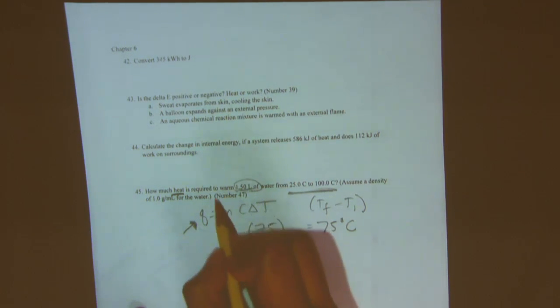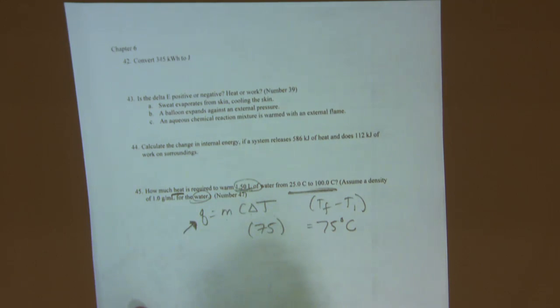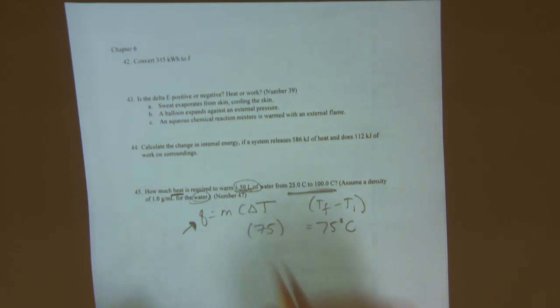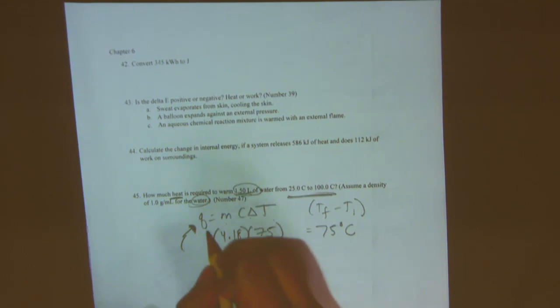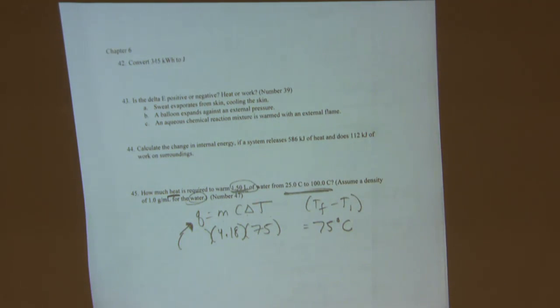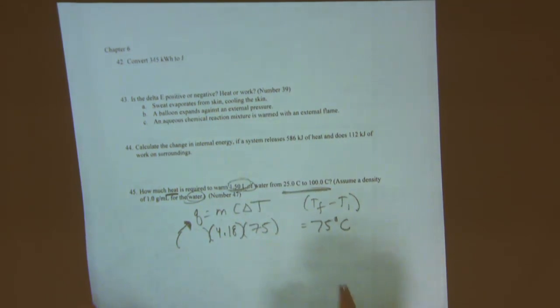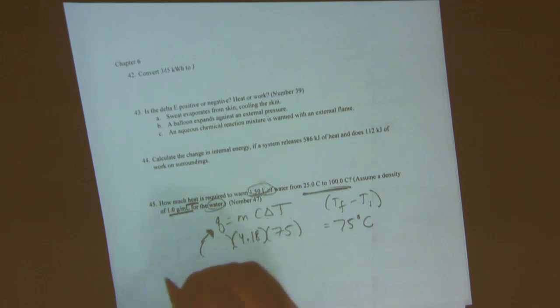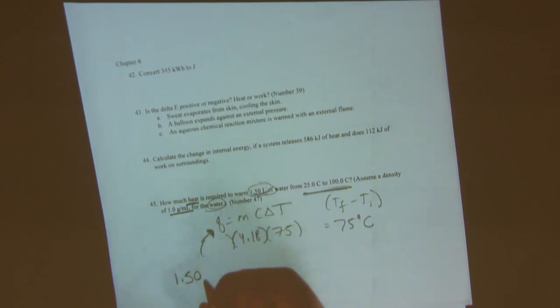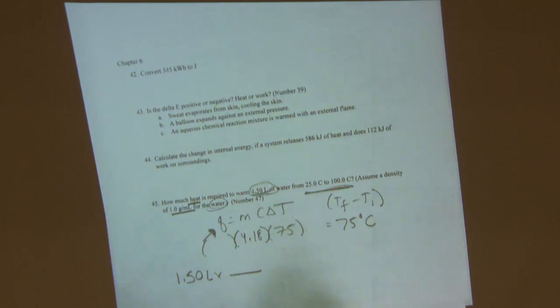We're dealing with water. So what would my C be? 4.18. Perfect. And now I just need an M value. Do I put in 1.5? No, right? 1.5 is given to me in liters, but they also give me a density value. So let's turn that into grams. So 1.50 liters times, okay, so what do I do here? Exactly, right?